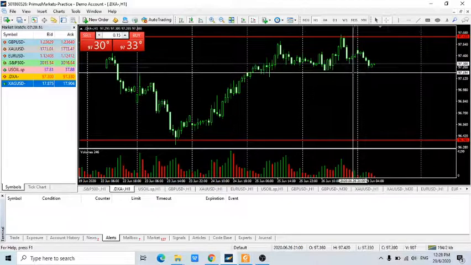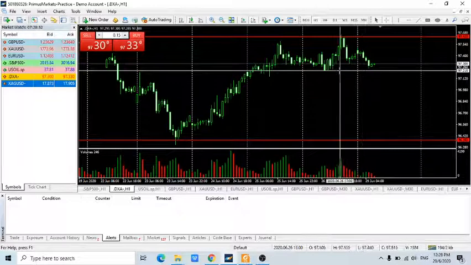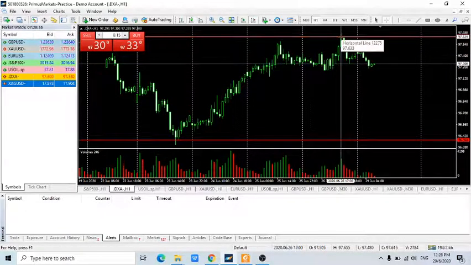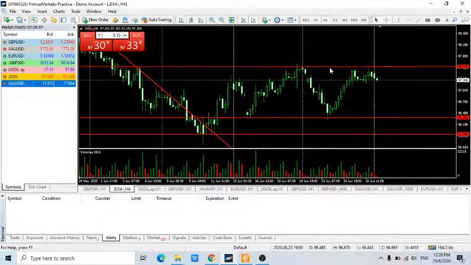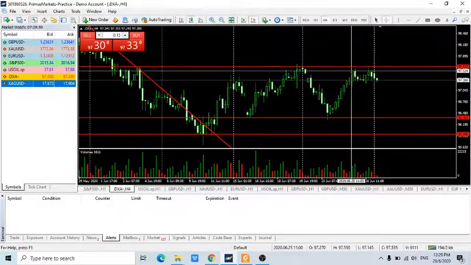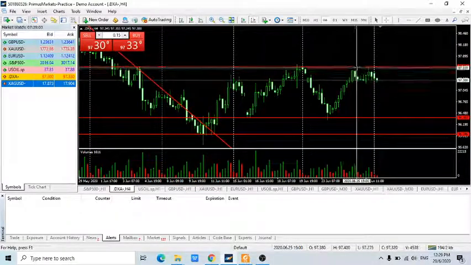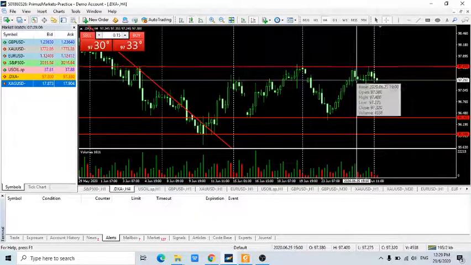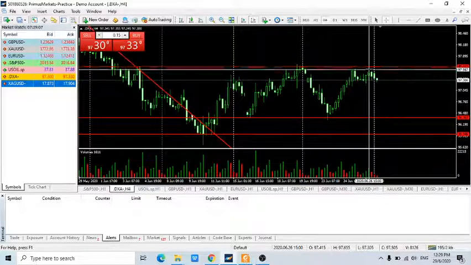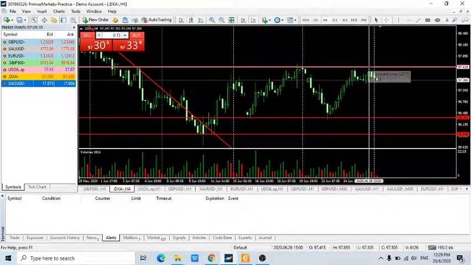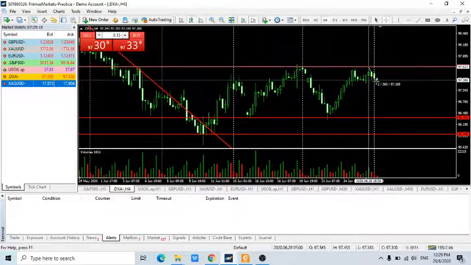So on Friday it finally moved up to touch the resistance levels again of the H4 charts, as on Thursday it almost touched but didn't quite make it. It consolidated for another day before moving up to test the resistance again, and after testing the resistance it retraced back down.